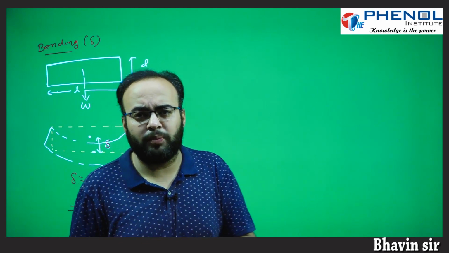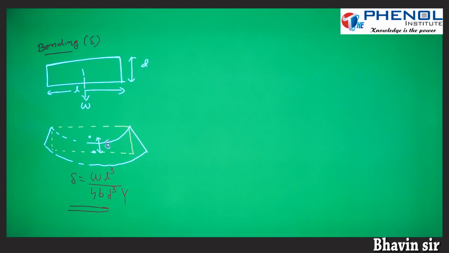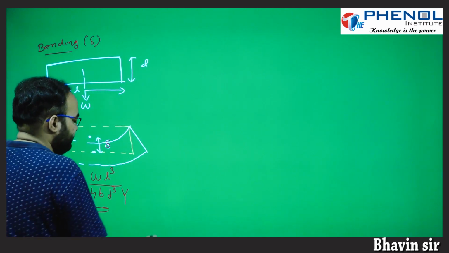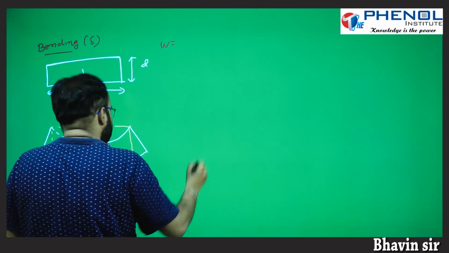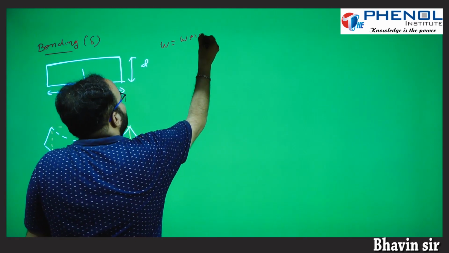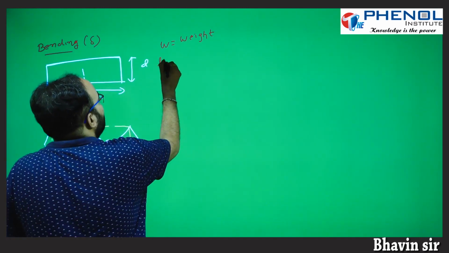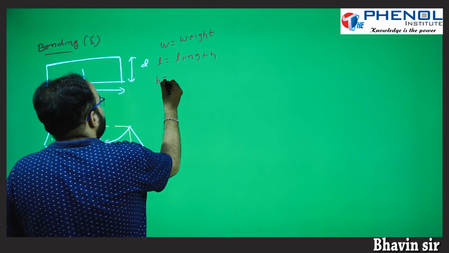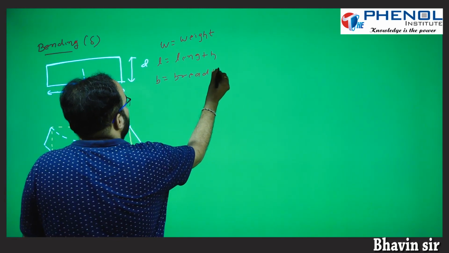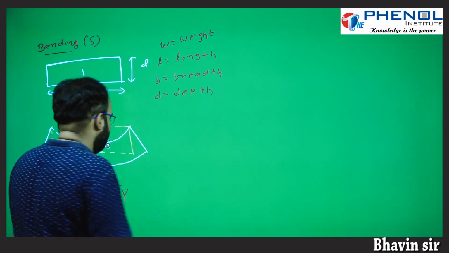WL cube upon 4BD cube Y. So see, students, here W is the weight, L is the length, B is the breadth, D is the depth, and Y is the Young modulus.